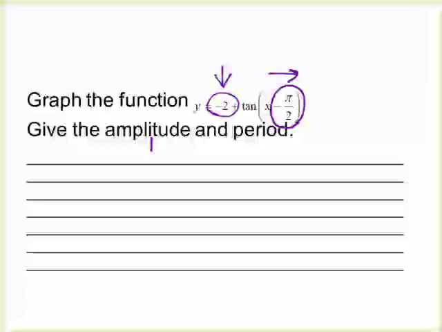And the period of this graph is going to be pi divided by, what's b? 1, because there's nothing in front of the x. So the b value is the multiplier of the x, and there's nothing there. So our period is just going to be pi. Which places our asymptotes where? At pi over 2.